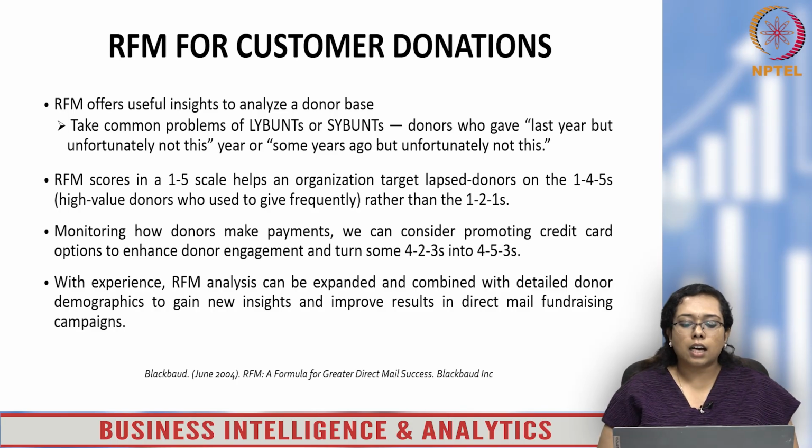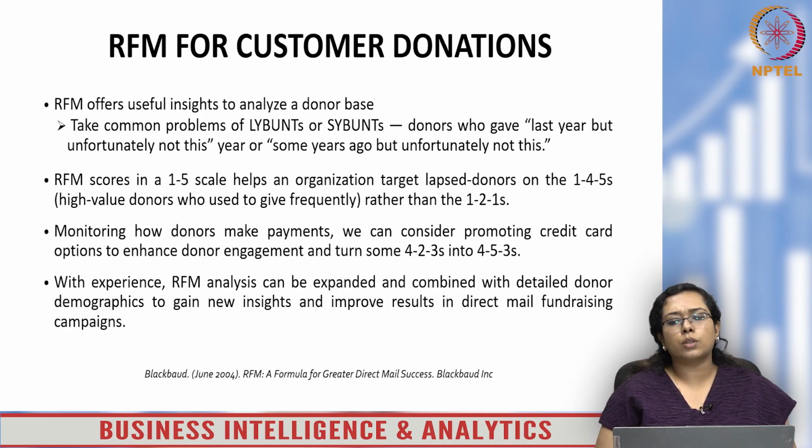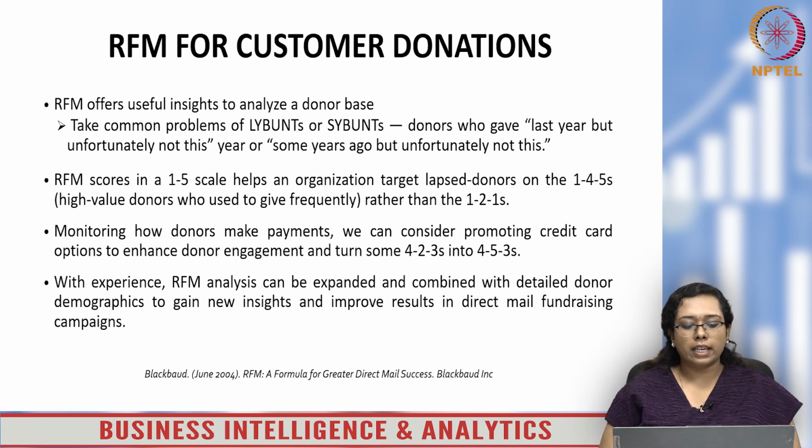And these RFM scores help an organization target the lapsed donors. Lapsed donors are donors that are not at all recent, so they are not coming recently to the business to donate. So we can target the donors on 145 rather than 121s. What is 145? That means that recency is 1 in both, right?